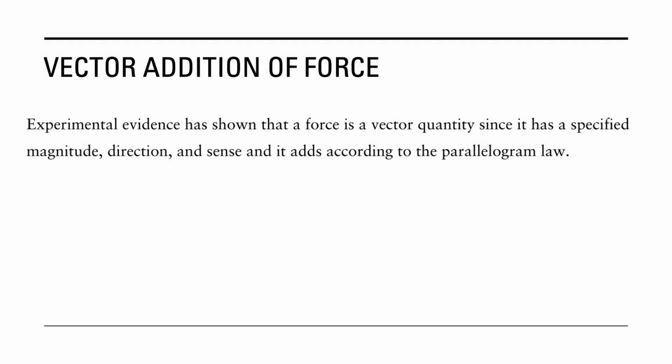Vector addition of forces. Experimental evidence has shown that a force is a vector quantity since it has a specified magnitude, direction, and sense, and it adds according to the parallelogram law.